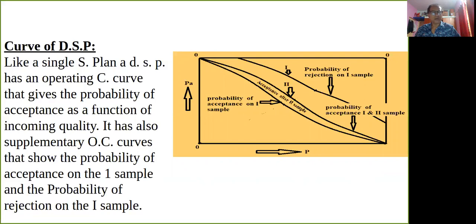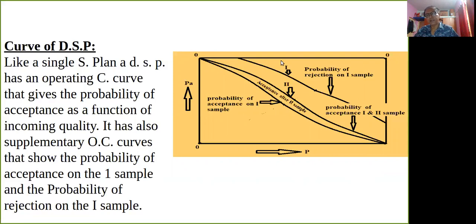It also has a complementary operating characteristics curve that shows the probability of acceptance on sample 1 and the probability of rejection on sample 1.